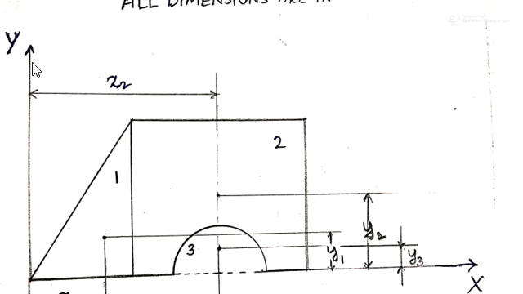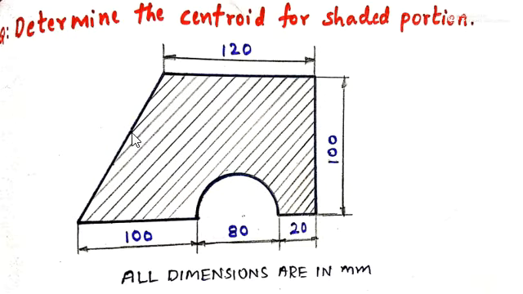Why have we taken this y-axis and why are we counting from this side? First of all, we are keeping this total area in a coordinate system, in the first quadrant. Why? Because we require x bar and y bar. To locate the centroid of this figure we require some reference.